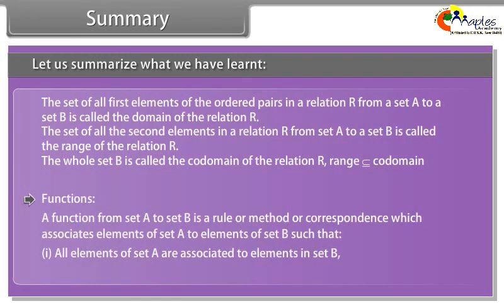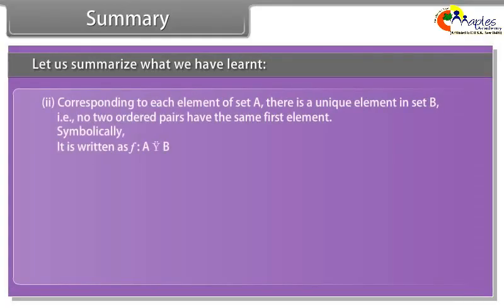Functions. If A and B are two non-empty sets, then a function from set A to set B is a rule or method or correspondence which associates elements of set A to elements of set B such that all elements of set A are associated to elements in set B. Corresponding to each element of set A, there is a unique element in set B. That is, no two ordered pairs have the same first element.